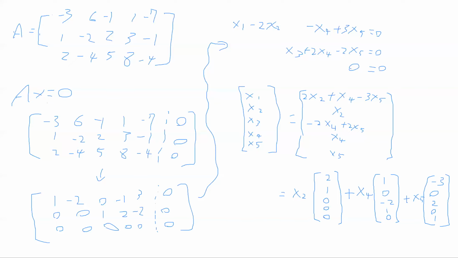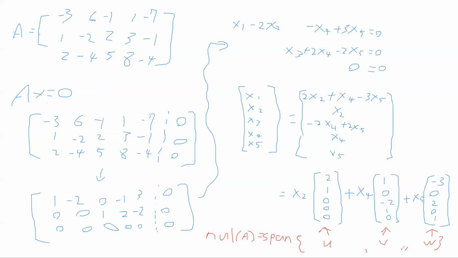And what's nice about this case is that these three vectors, let's call them u, v, and w, are going to be the basis for our null space. So the null space of A can be written as the span of these three, u, v, and w.